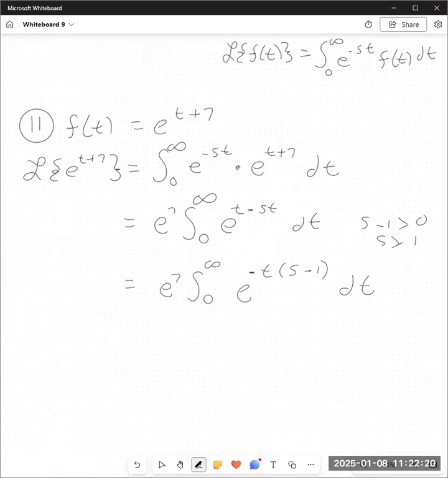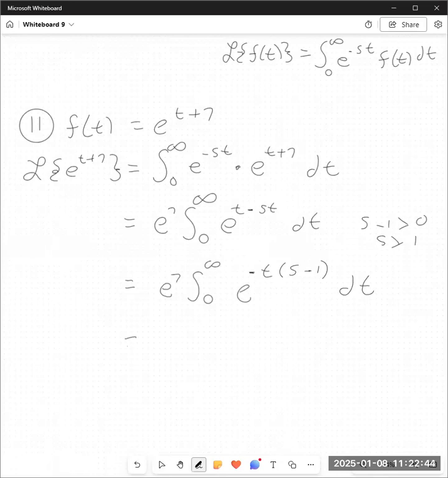Let's go ahead and use our exponential rule with u substitution. Remember that s minus 1 is a constant because we're only differentiating with respect to t. It's like the idea of partial derivatives, but I want to take the derivative of this with respect to t, and I get negative s minus 1.